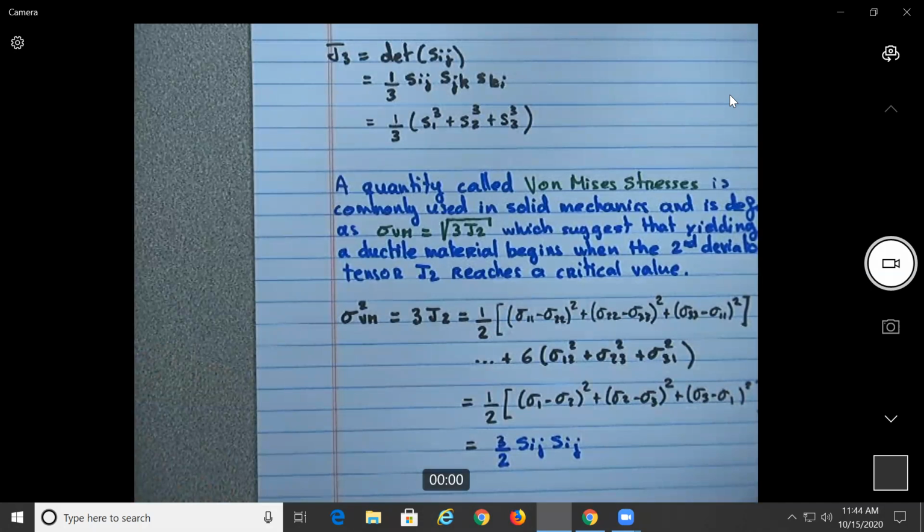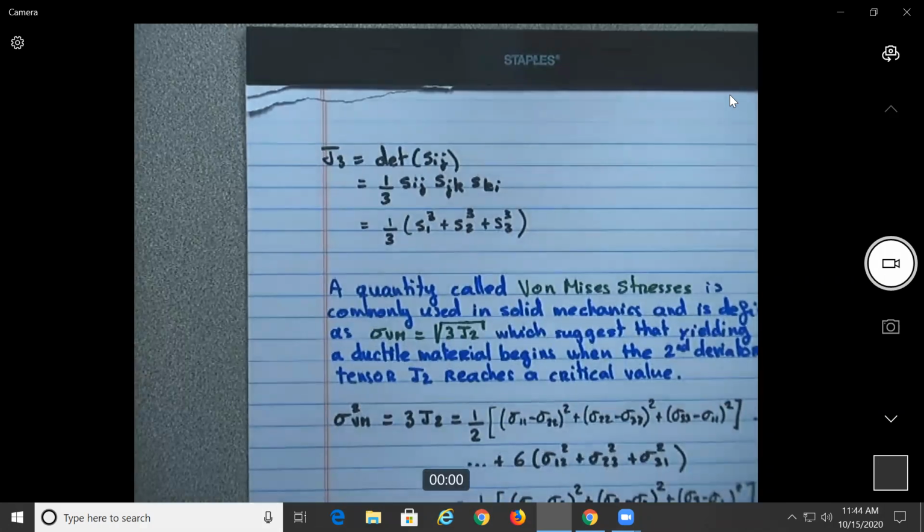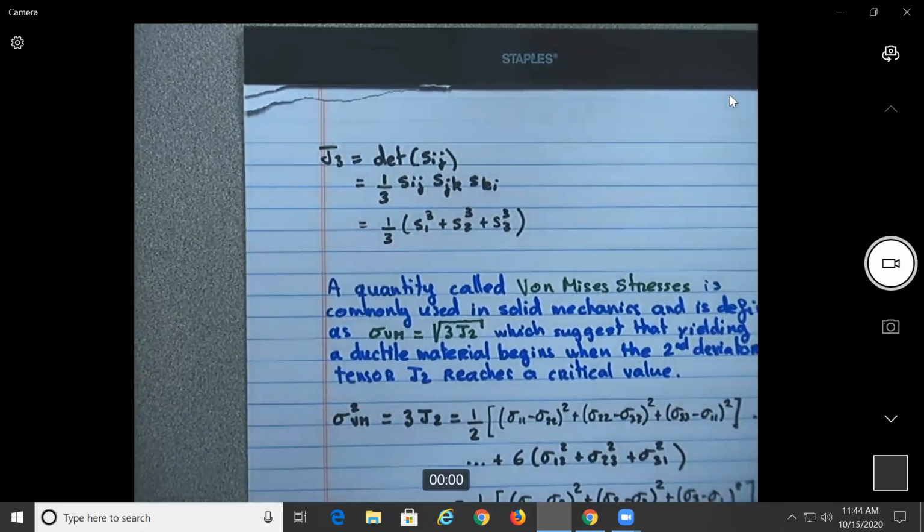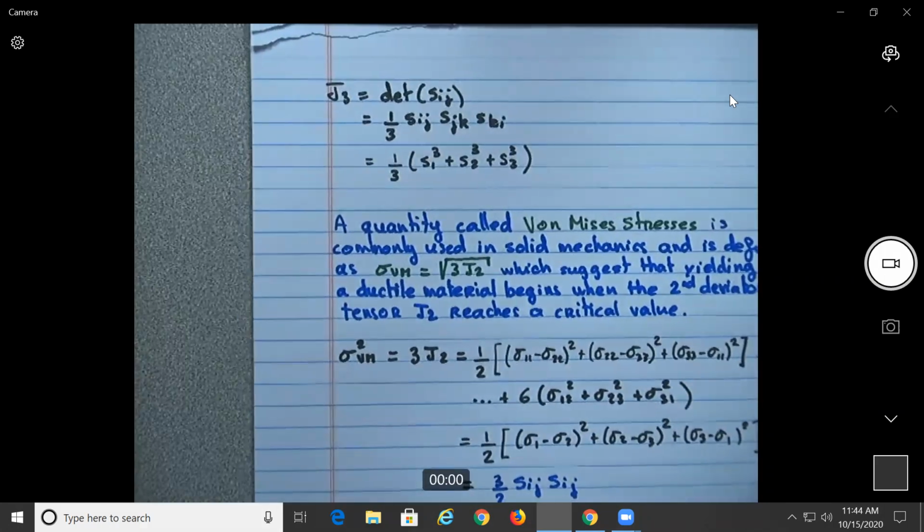So my question, which is more important than the derivation, is for what type of material do you use von Mises stresses, and for what type of material do you use principal stresses? The answer basically is here for von Mises. For what type of material is the von Mises criterion generally used? For ductile material. Ductile material means ones that can deform, no? Aluminum, steel, stretch, no? Okay.